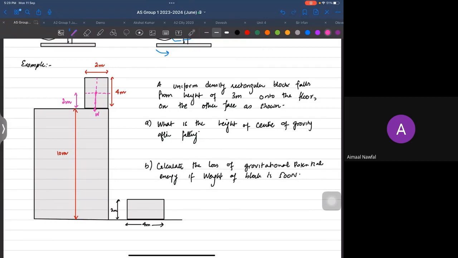Now, when it flips, the new height has changed. Now the center of gravity is right here, so it is only 1 meter. Do you understand, Mohit? Shazib, Zirwa, any questions here?